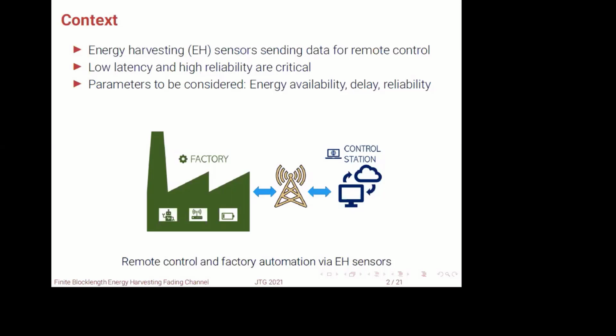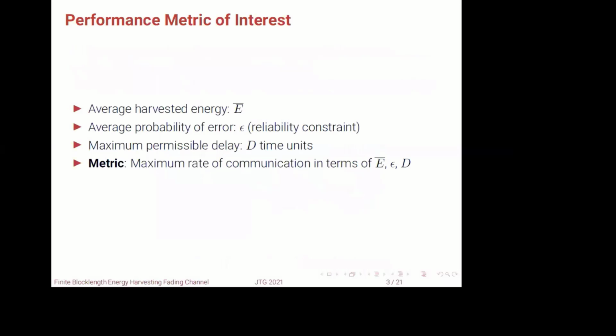So, putting all these things together, we have a scenario in which a transmitter is harvesting energy from an ambient source and needs to communicate wirelessly within a given delay and reliability constraint. And this should be subjected to the constraints imposed by the system, like the average harvested energy, average probability of error, and maximum permissible rate.